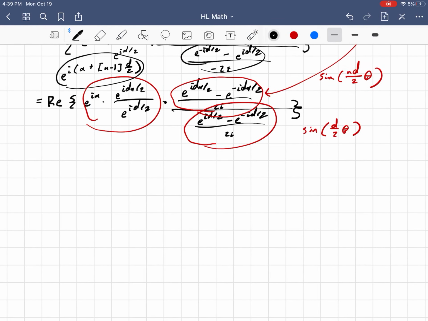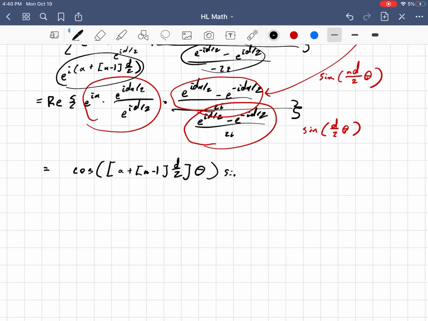So what I am saying with all this is that the real part of all of this yucky stuff simply becomes cosine of, and now I'm going to add the thetas in, a plus n minus 1 d over 2, right? And that's just coming right from here because we're taking the real part of that. So that's all being multiplied by theta.